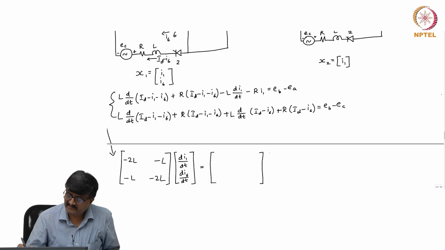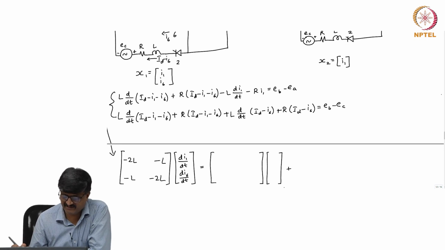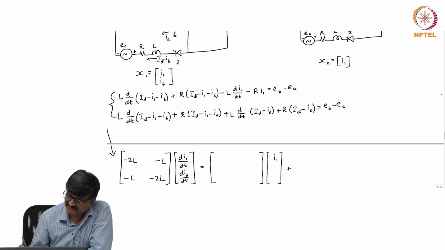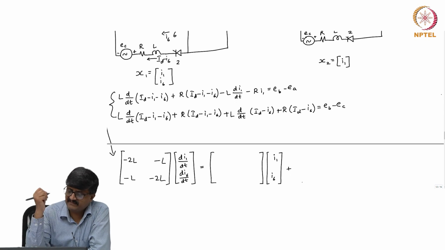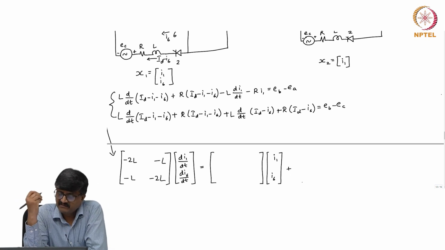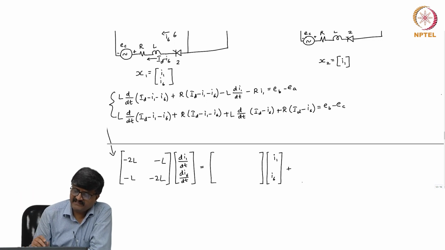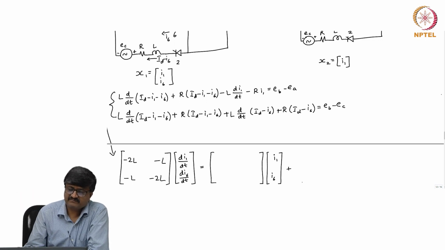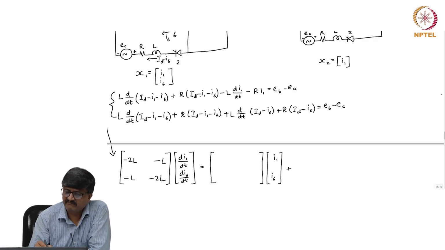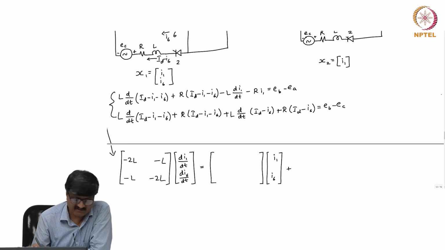The remaining terms I will split into two categories: those which involve the state variables I1 and I6, and those which do not. First, the terms involving I1 and I6. In the first equation, what is the coefficient of I1? There is a minus R I1 and one more minus R I1. If this is pushed to the right hand side, I get 2R.